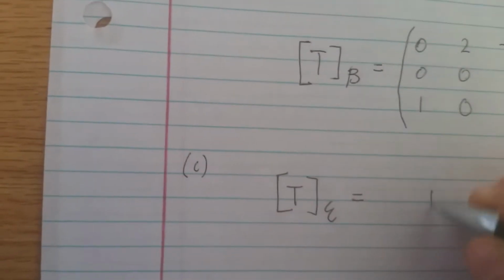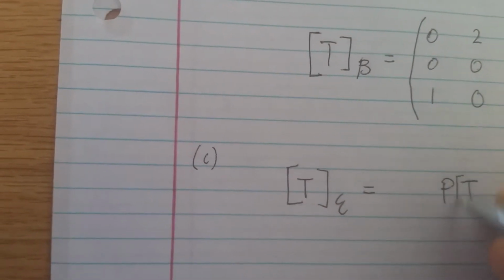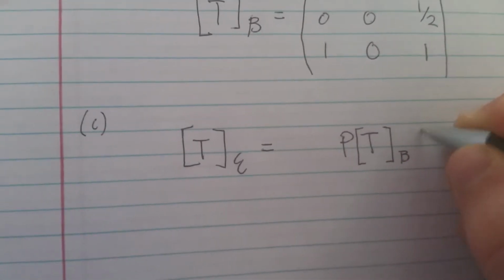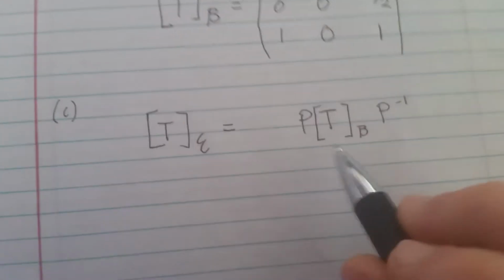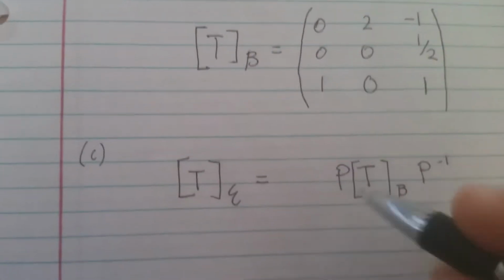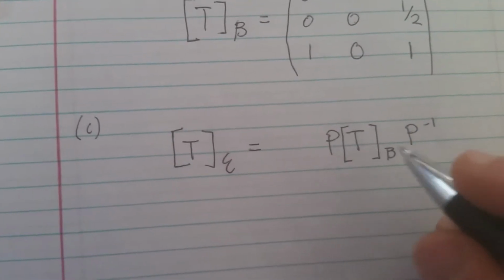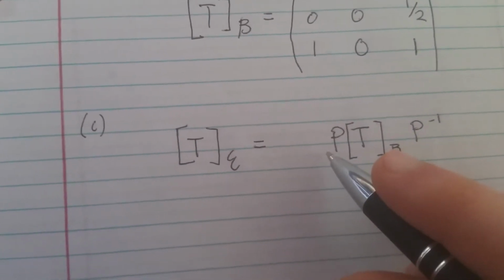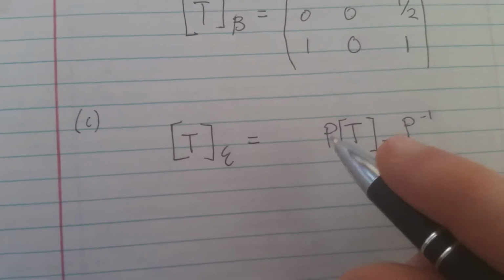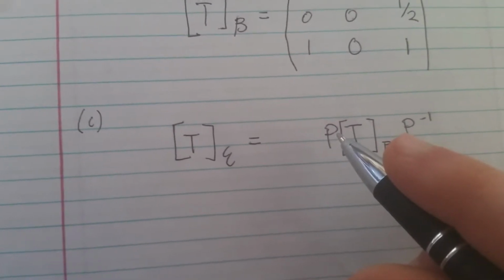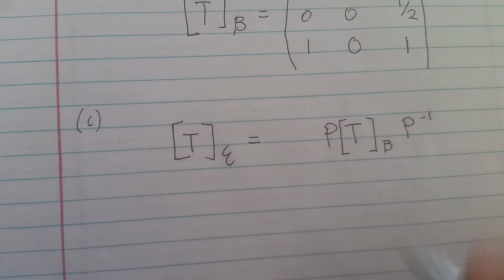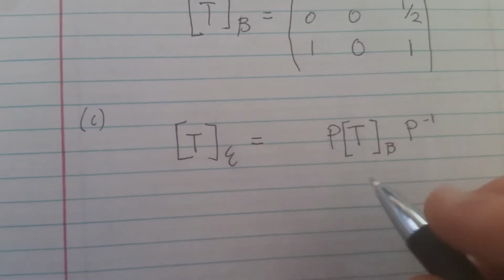So it's important to remember that there's a formula that is like this. This is just a formula in linear algebra. It might help, but P is just the matrix whose columns are the standard coordinates of beta, of the basis.